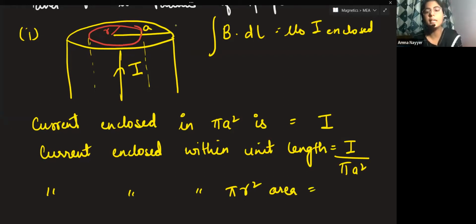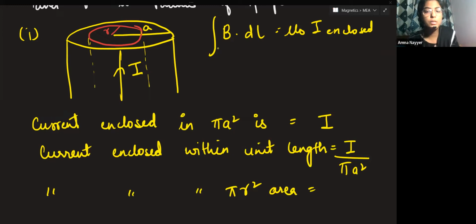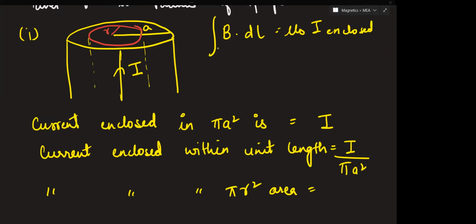this will be what? Kulsum, can you try? Yes, Kulsum. Okay, Fatma. Fatma, answer. I by pi r square. So see, for 1 meter, okay, I'll tell you.